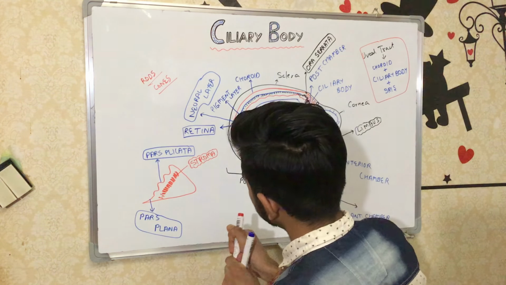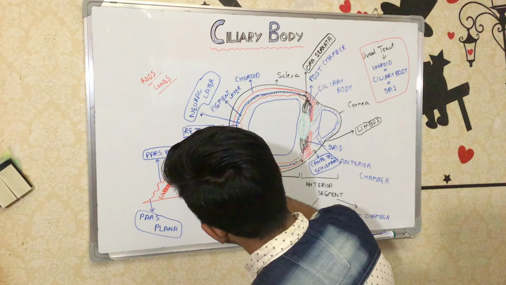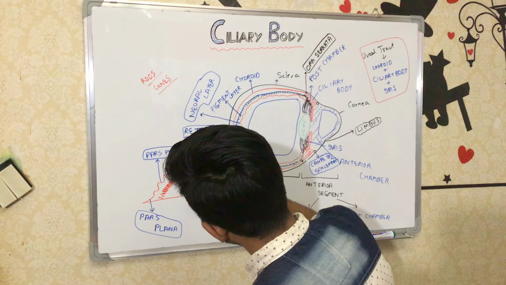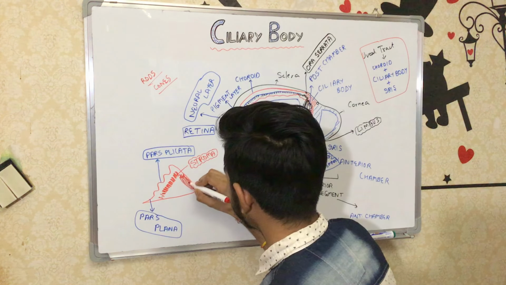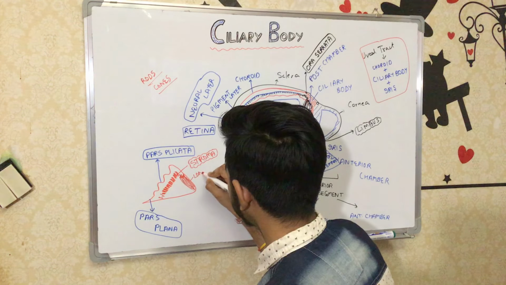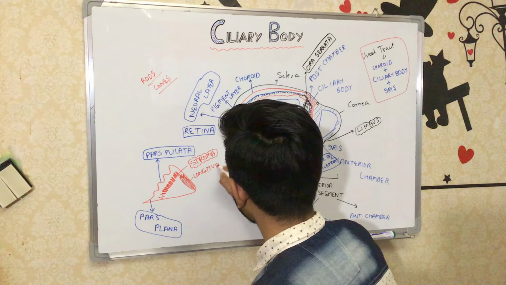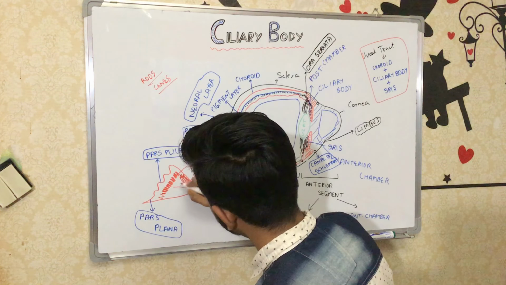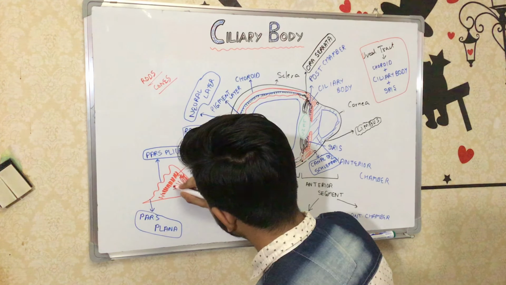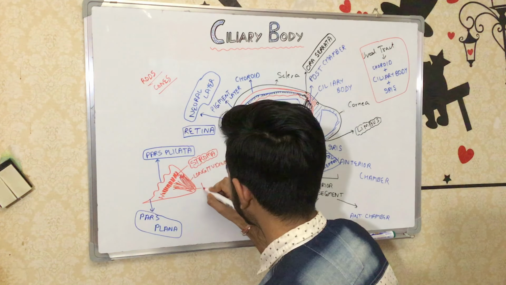The ciliary muscle has three kinds of muscle fibers over there. This is the longitudinal muscle, longitudinal. And these ones, for example, will be the radial fibers of the ciliary muscles.